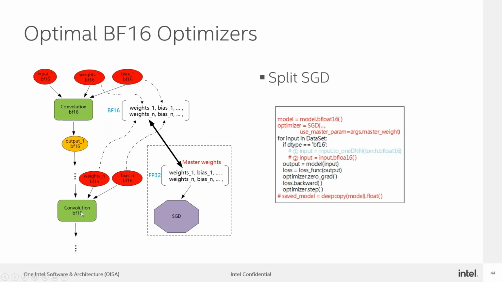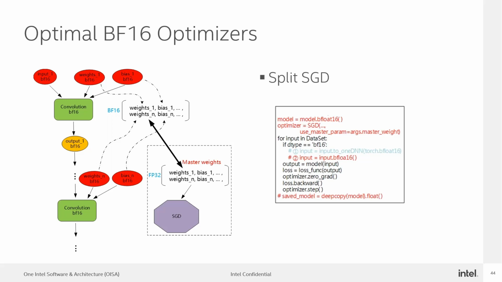But if you need to do the backward propagation later in training, the stochastic gradient descent SGD operator, the optimizer, will still use one FP32 copy of the original weights, to make sure that there will be no accuracy loss.